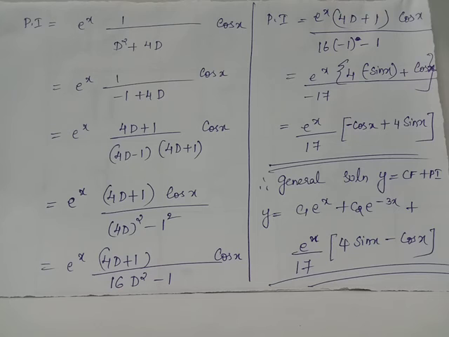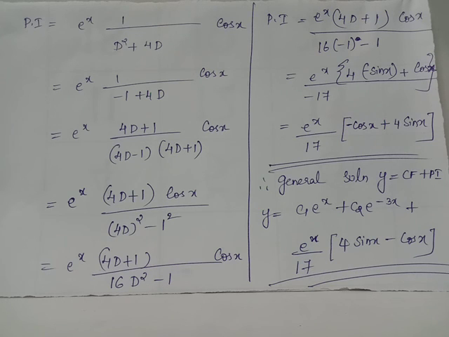In the numerator, we perform 4 times the derivative of cos x plus cos x, that is, 4 times negative sin x plus cos x. When the negative sign in the denominator is multiplied to the terms in the numerator, we have PI equals e raised to x upon 17 multiplied to negative cos x plus 4 times sin x.